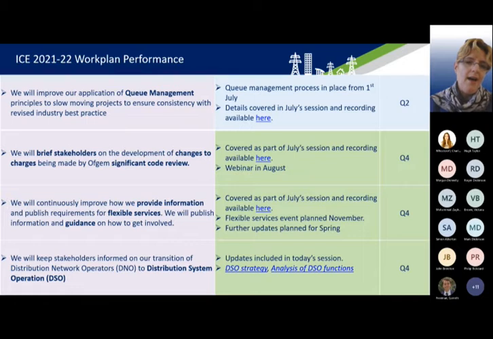So the first item on our work plan is around the delivery of queue management, to enable slow-moving projects in line with revised industry best practice. So this is complete as of July.